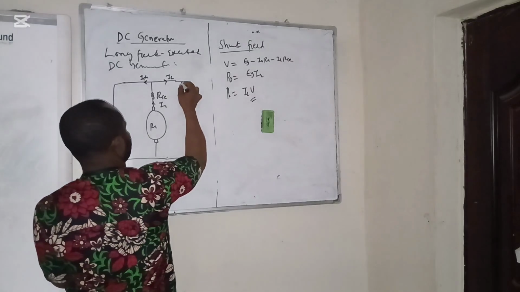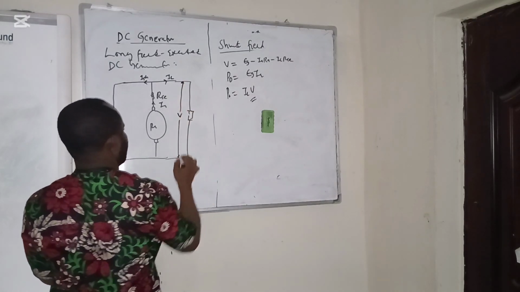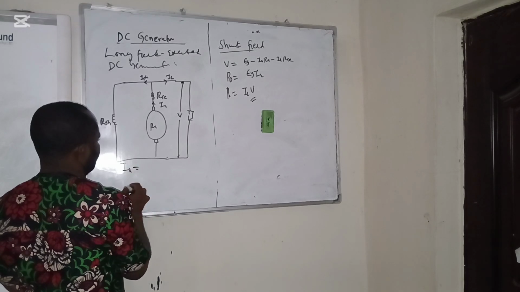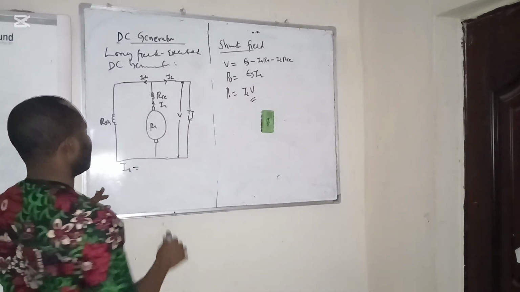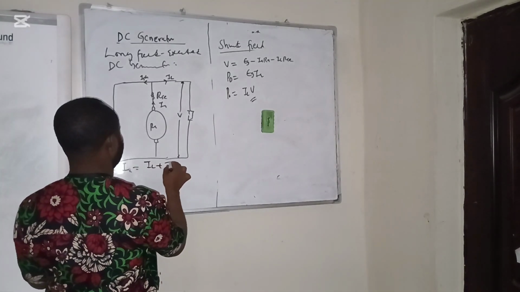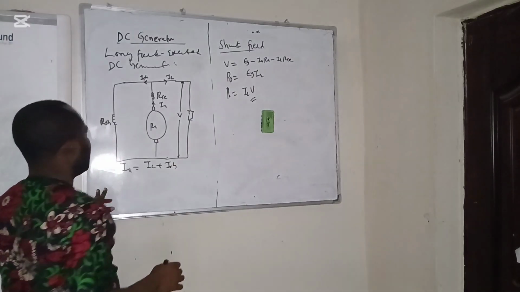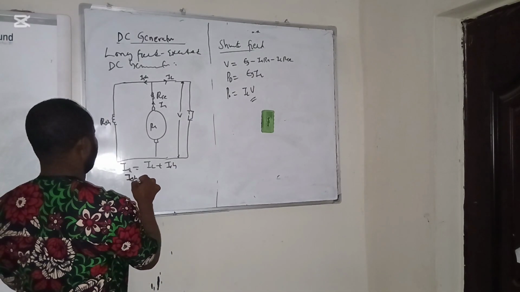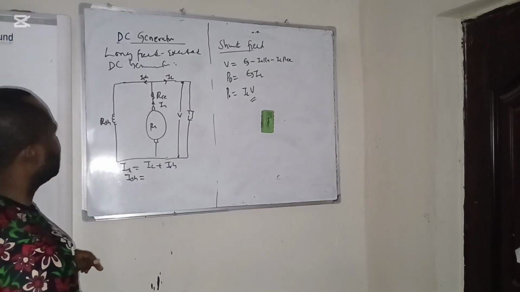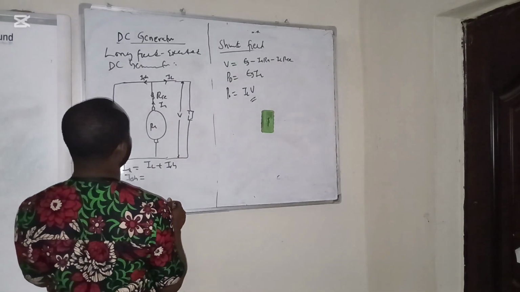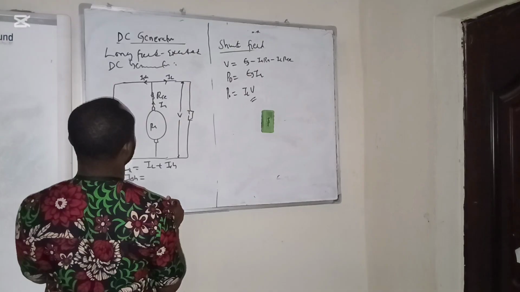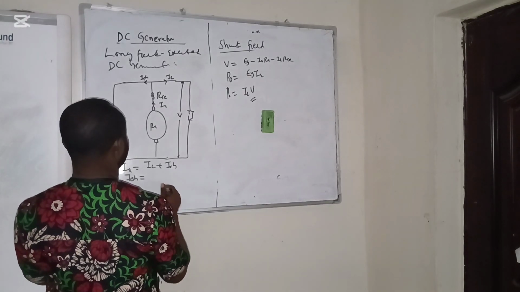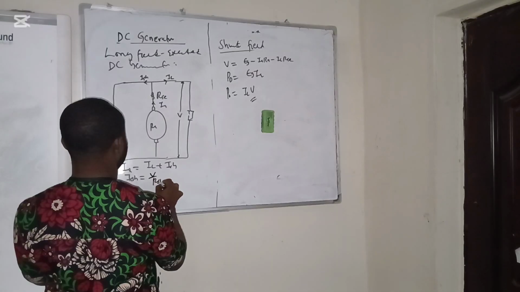So this is V. So your armature current is the same thing as this plus this, and also we have your shunt current, which is the same thing as V divided by this.